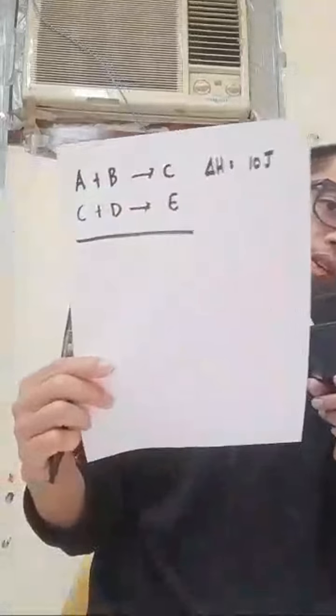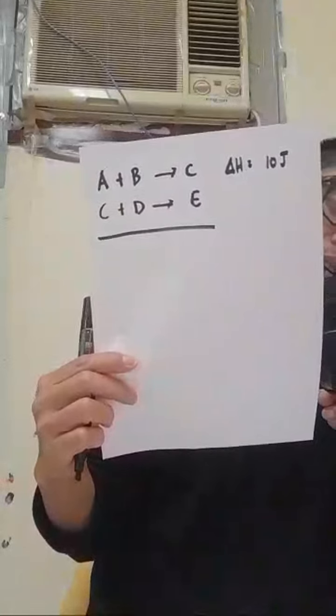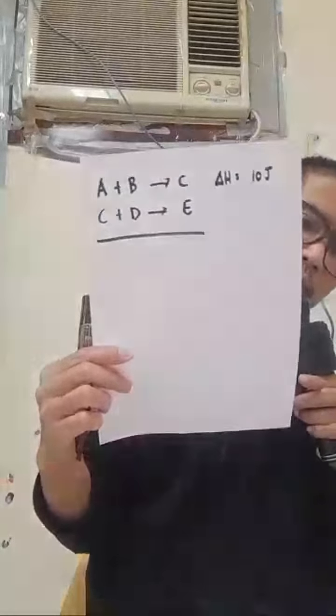And then another reaction step, C plus D is equal to E. Second reaction step. So our overall reaction will be A plus B plus C plus D is equal to C plus E.